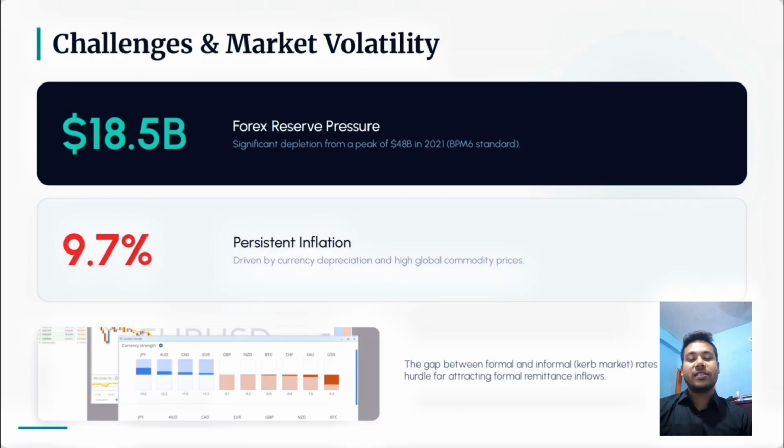And persistent inflation, at 9.7%, driven by currency depreciation and high global commodity prices. And the gap between formal and informal rates remains a critical hurdle for attracting formal remittance inflows.